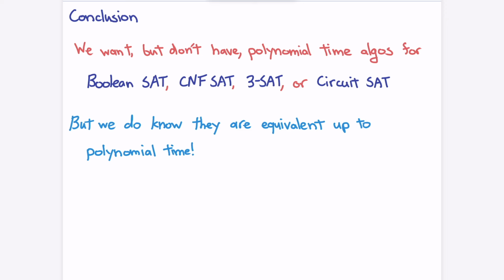So a polynomial time algorithm for one gives you a polynomial time algorithm for the other. One might be slower. One might be a factor n slower, or a factor 2 slower, or whatever. But a polynomial will stay a polynomial. So if we define a good algorithm as polynomial, they either have good algorithms or they don't, all simultaneously. Which is sort of an unusual situation to be in.